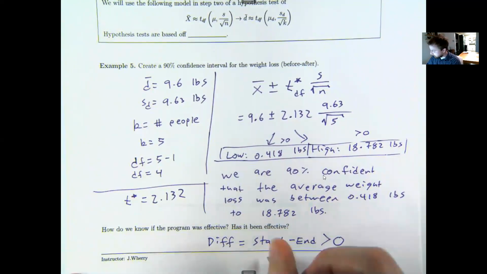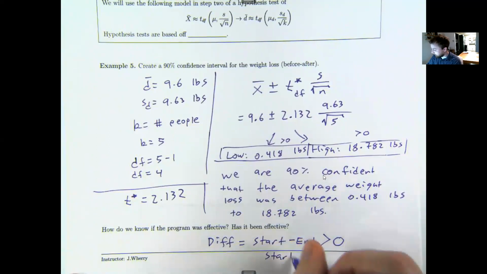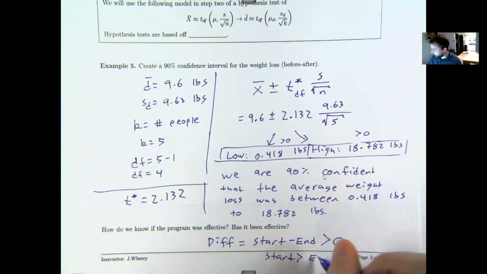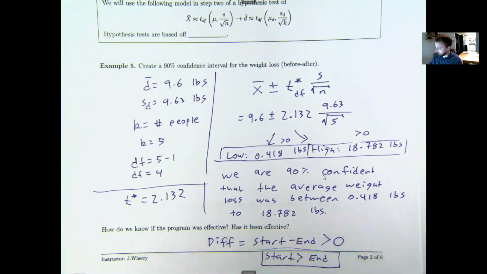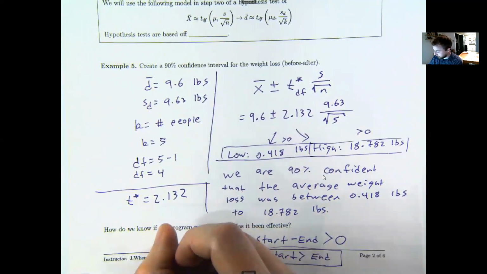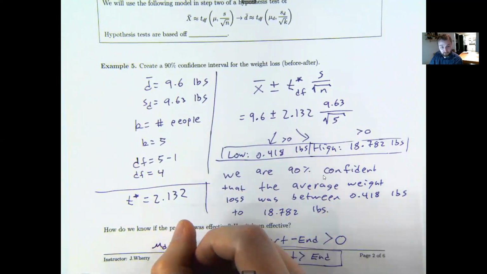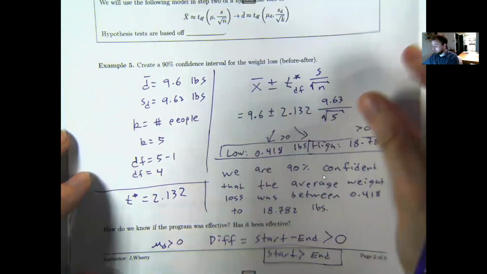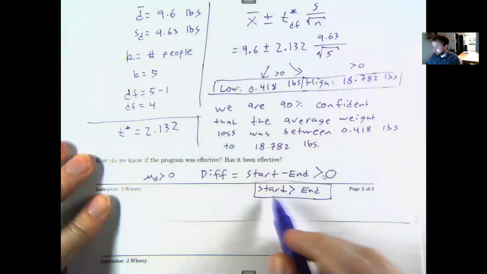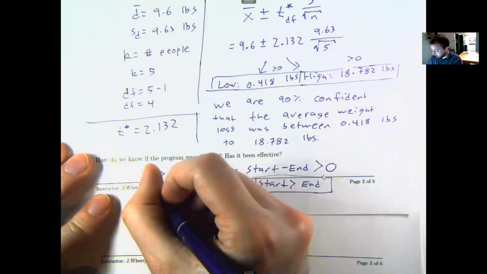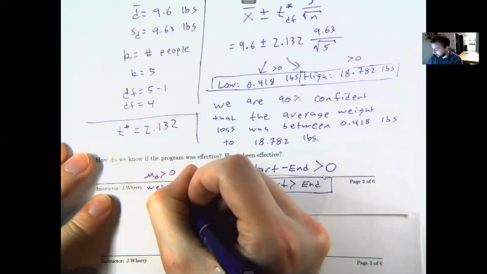Moving this to the other side, this tells me that I have evidence that the starting weight was higher than the ending weight. In other words, if my average for the differences is bigger than 0, like it is here, I'm experiencing weight loss.